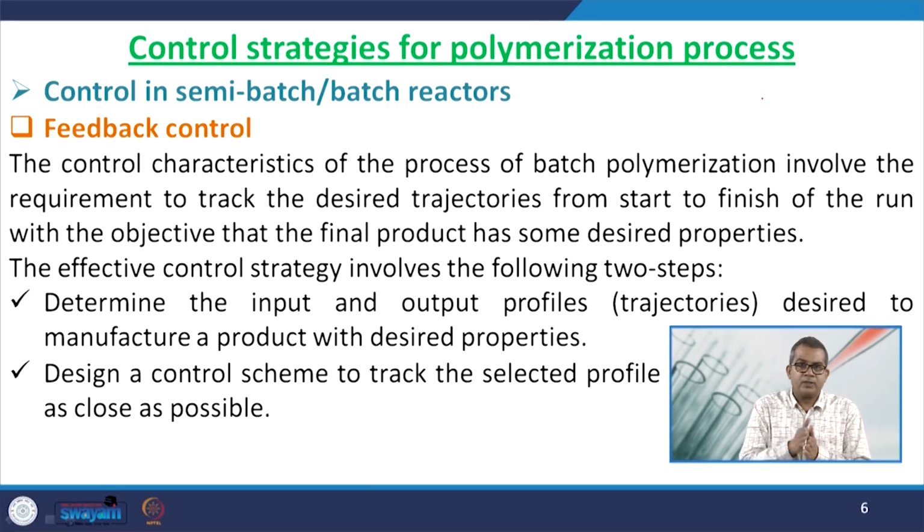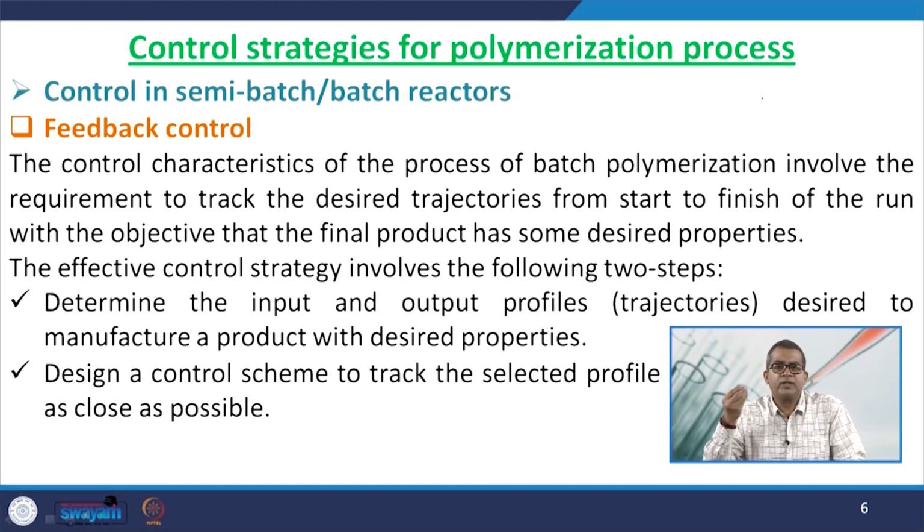Now, the important aspect in the batch and semi-batch reactor is the feedback control. The control characteristics of the process of batch polymerization sometimes involve the requirement to track the desired trajectories from start to finish of the run.